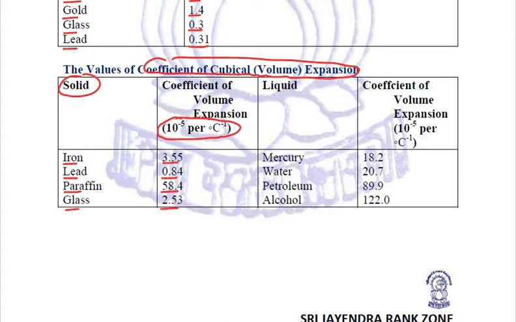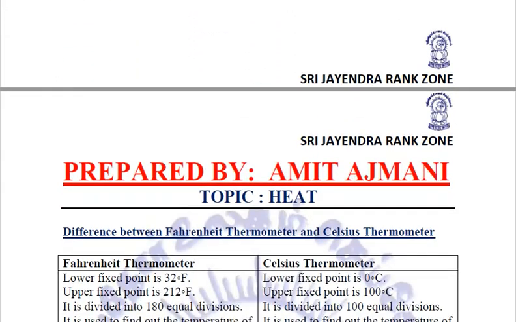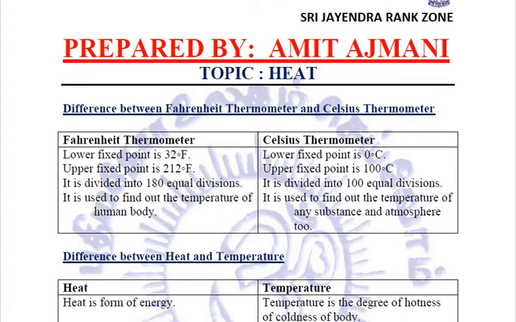And when we talk about this value in case of liquids, it is found in mercury, it is 18.2, in water it is 20.7, petroleum is 89.9, and alcohol is 122. So these are a few values of coefficient of volume or cubical expansion in solids and liquids.